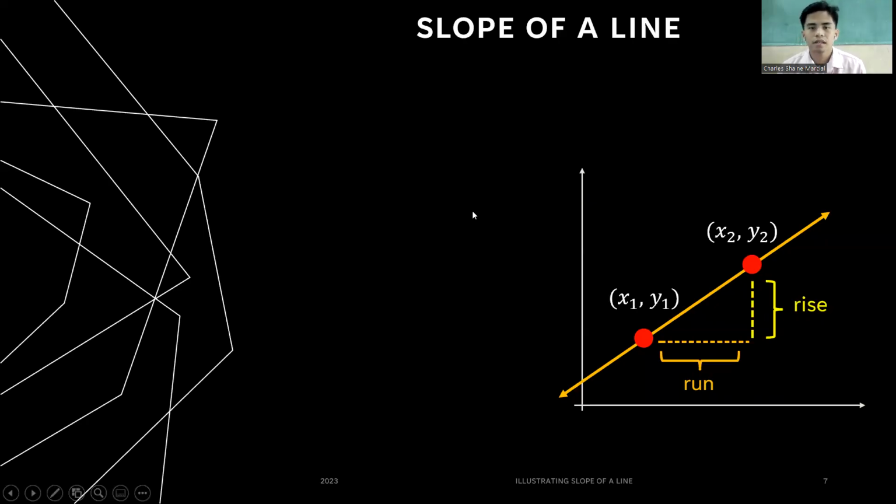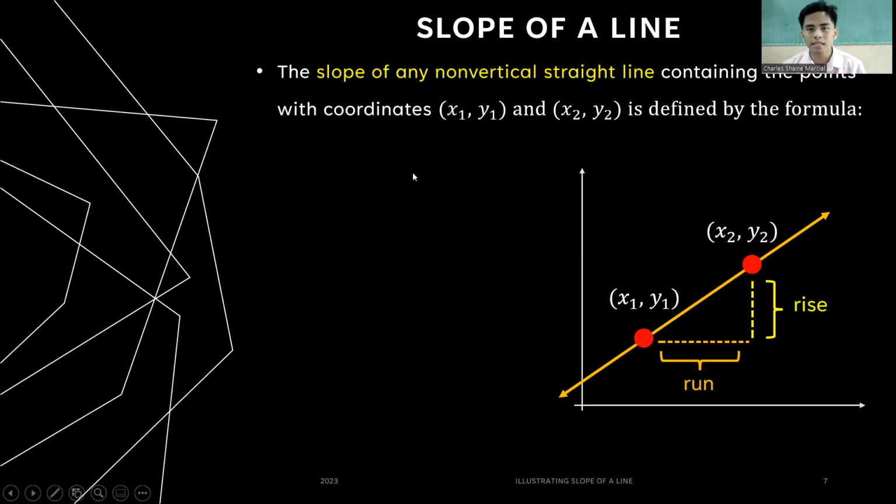Next slide. So we have here the slope of any non-vertical straight line containing the points with coordinates x sub 1, y sub 1, and x sub 2, y sub 2 is defined by the formula. So pag sinabi nating slope of any non-vertical straight line, bakit naka-highlight to? Kasi dapat non-vertical straight line siya.